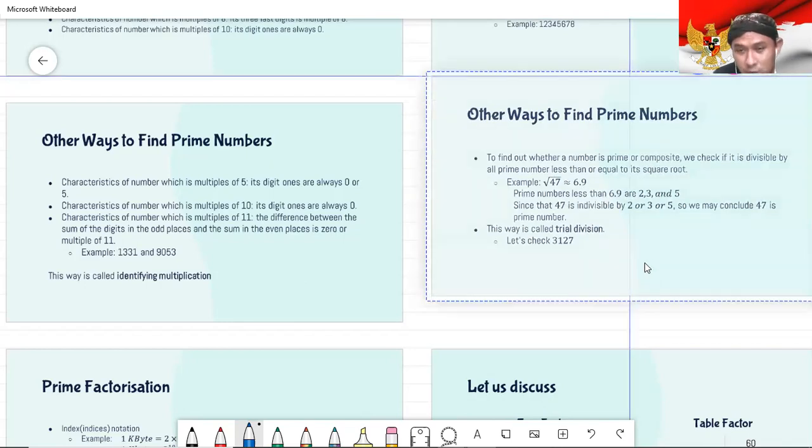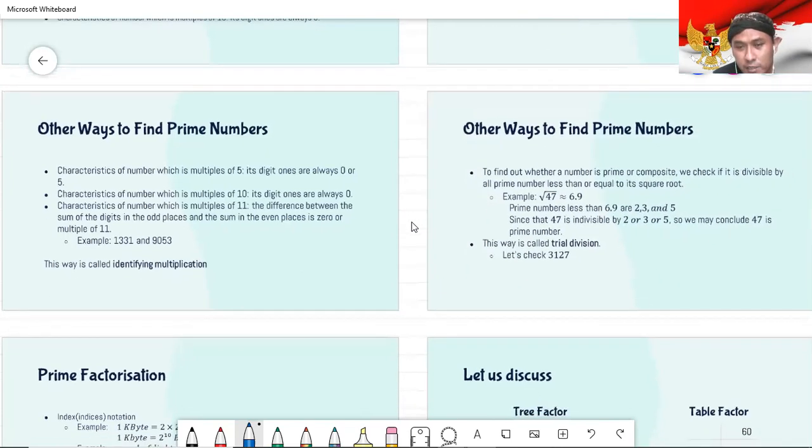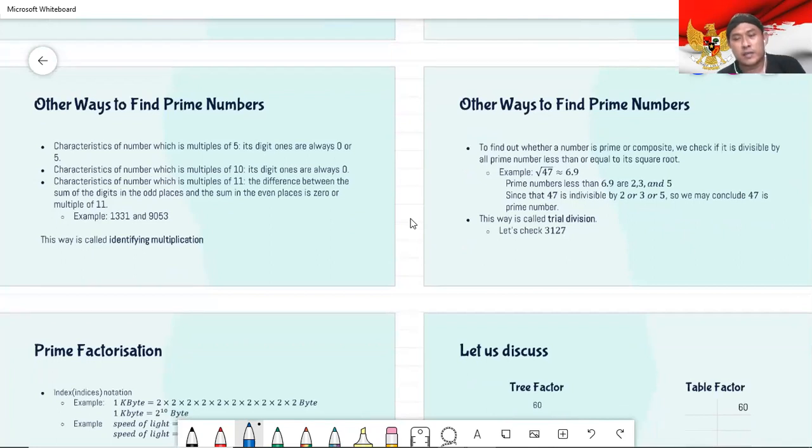Now let's check. How about 3,127? The square root of 3,127 is about, wait a minute, I need help.